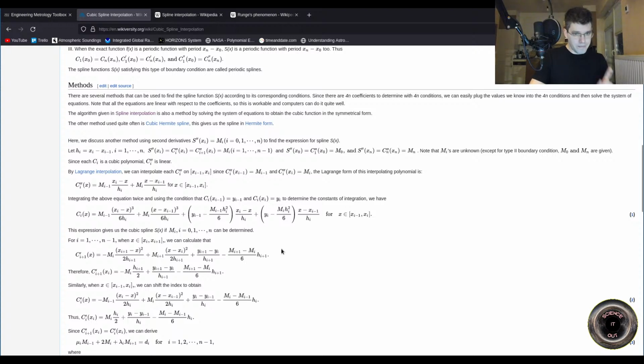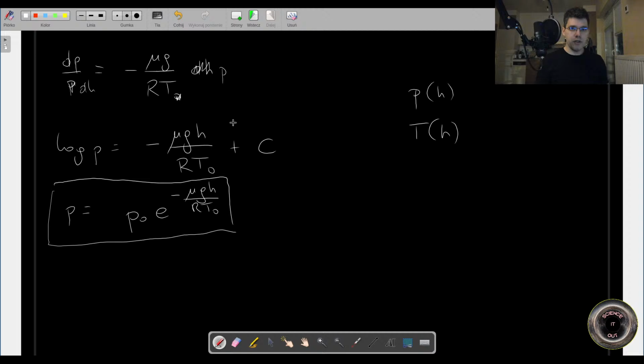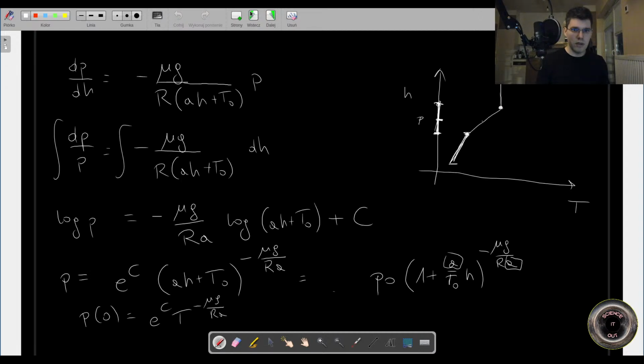Alright, but the main problem with those cubic splines is that, so what I've shown you here was a solution to the equation for pressure when temperature depended on altitude in a linear fashion. And now the dependence can be cubic. So that complicates stuff quite a bit.